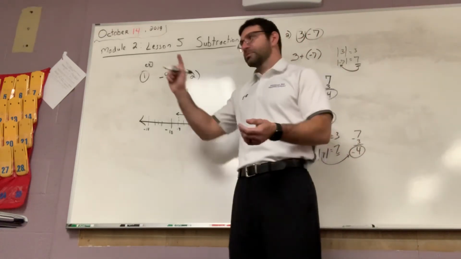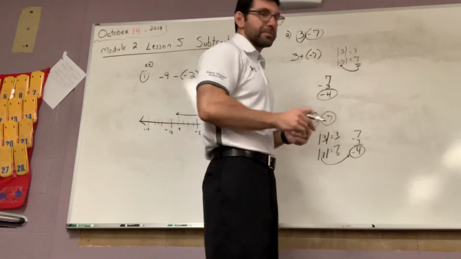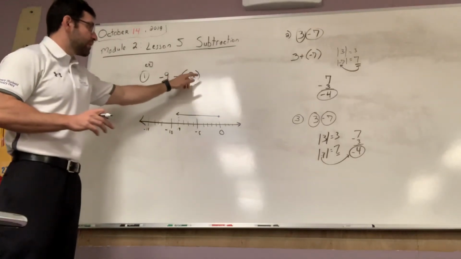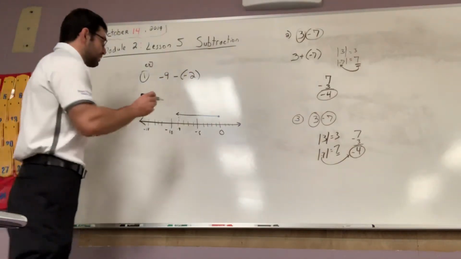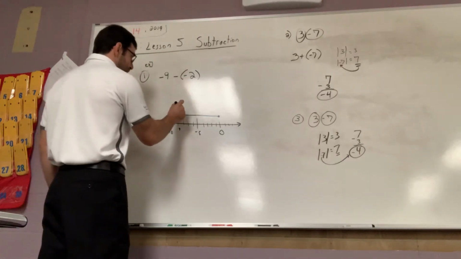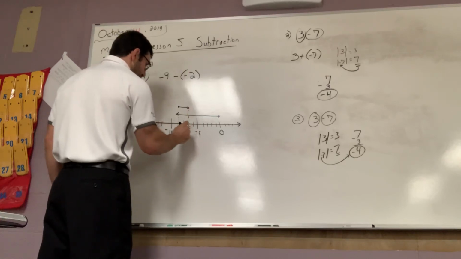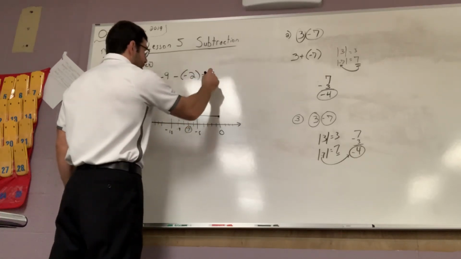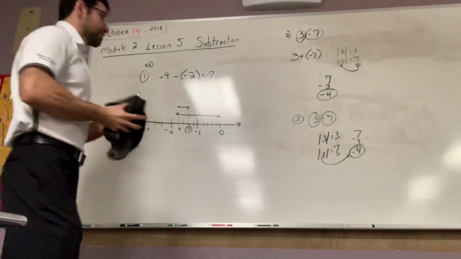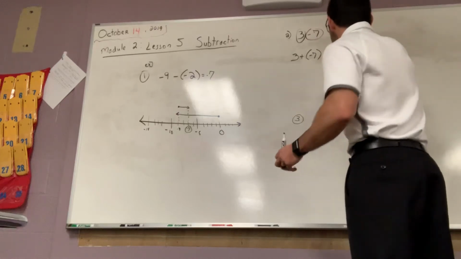Well, -2 has me going this way, but the opposite of -2 has me going this way. When we have an opposite of an opposite, it becomes positive. So the opposite of -2 is 1, 2, positive, which is how I get -7. Unlike the other times, this has to be rewritten.